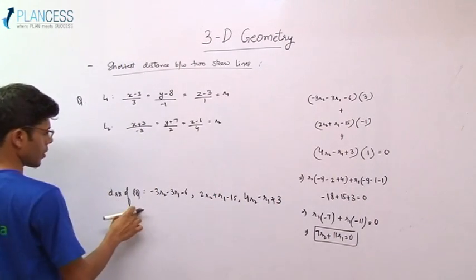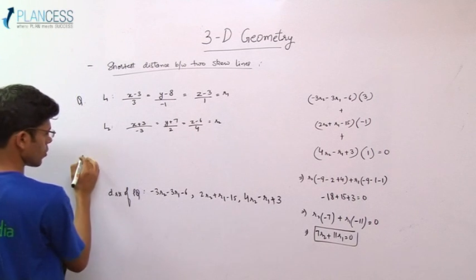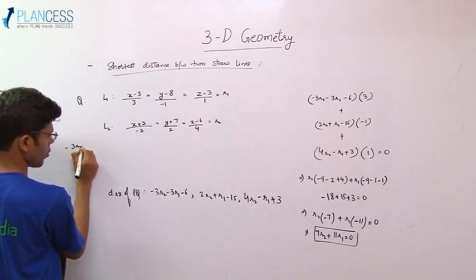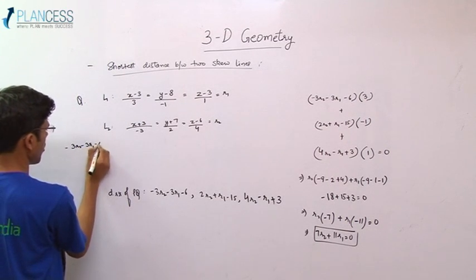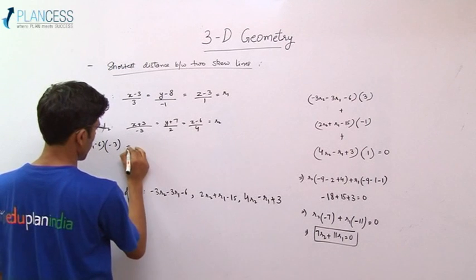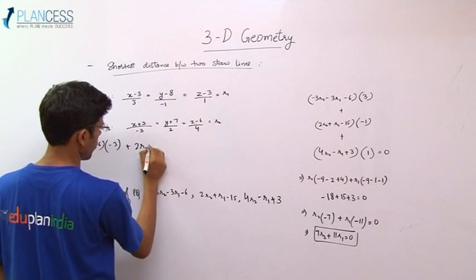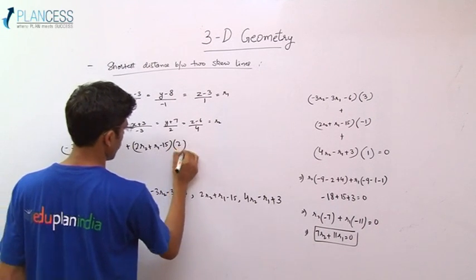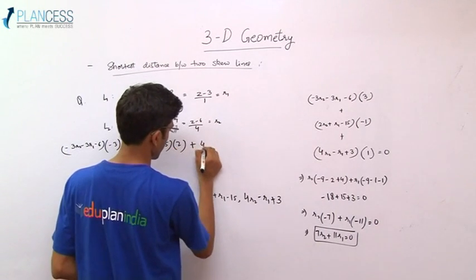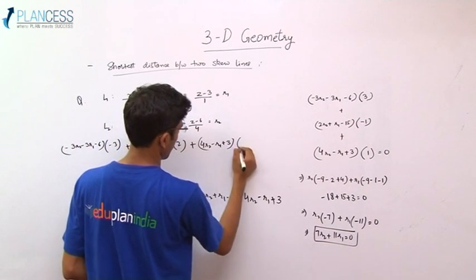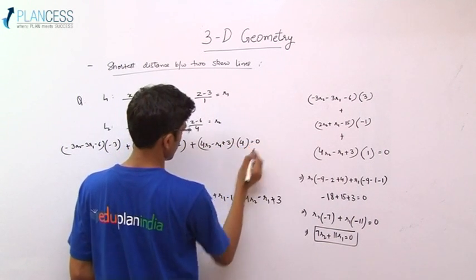This is also perpendicular to L2. So (minus 3R2 minus 3R1 minus 6) into minus 3, plus (2R2 plus R1 minus 15) into 2, plus (4R2 minus R1 plus 3) into 4 is also 0.